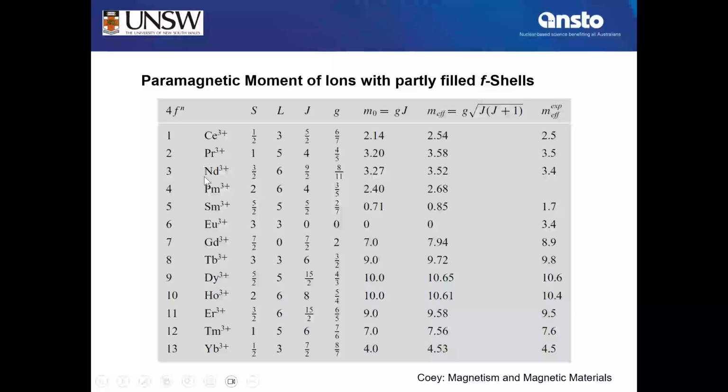In current research, neodymium and praseodymium are really important for permanent magnets, for example, in electrical cars. If you have a highly efficient permanent magnet, the efficiency of your electrical engine is also tremendously improved. So that's part of current research.